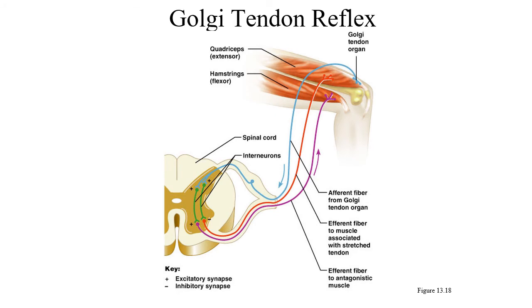So we have our Golgi tendon organ in the quadriceps tendon there. As that tendon is being pulled on by the quadriceps, and so they're shortening and pulling on those muscles, if that force gets to be too much, we're then going to inhibit the quadriceps and contract the hamstrings, essentially turning off the quadriceps so they can't end up tearing the tendon that's there.